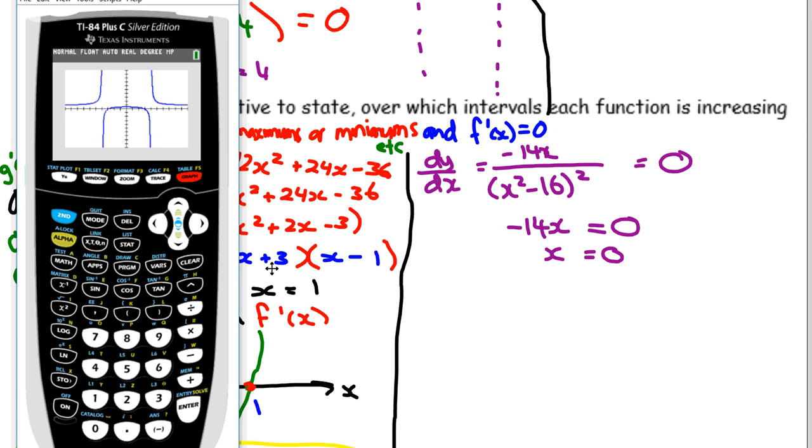Would this be increasing or decreasing after 0? Increasing. Yes, so from 0 to 4, good. It's the x, not the y. And decreasing from 4 to infinity. So we know what the answer is going to be now.